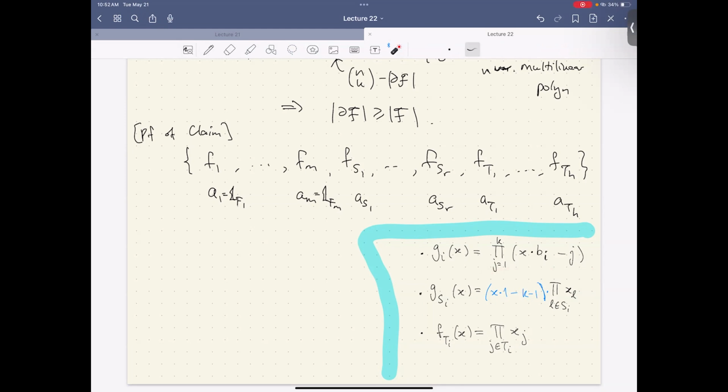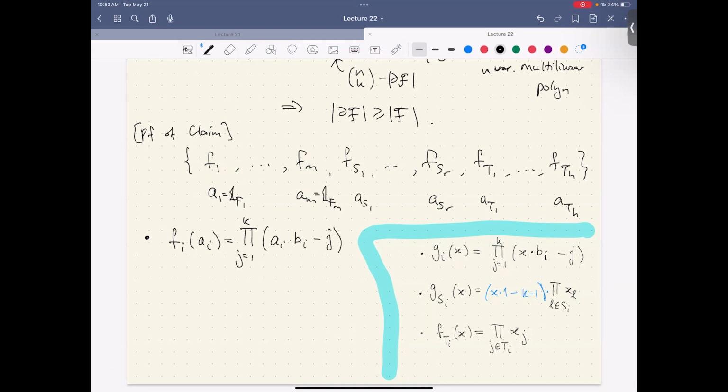For the first one, if we plug in, what do we need to verify? Diagonal term is non-zero, right? So we fix an i and evaluate on its corresponding characteristic vector. We have Fi(Ai) equals the product, j goes from 1 to k, of the inner product Ai dot Bi minus j.